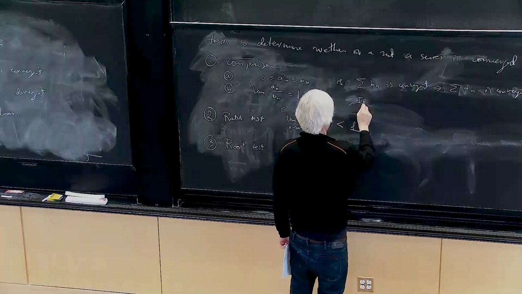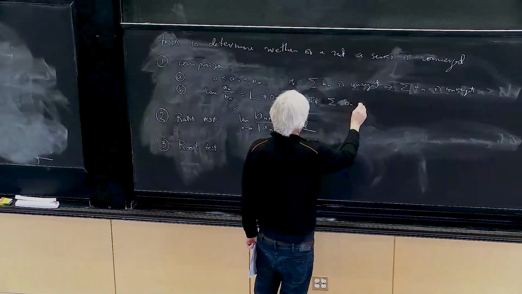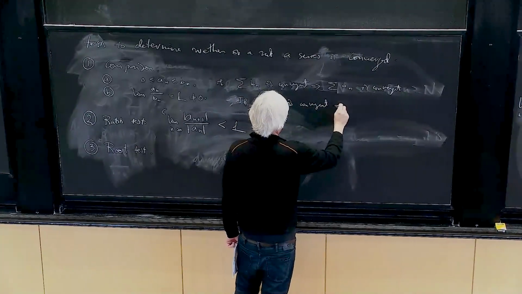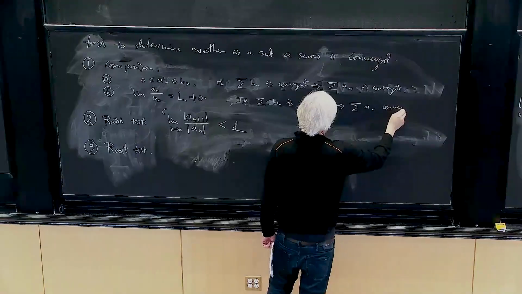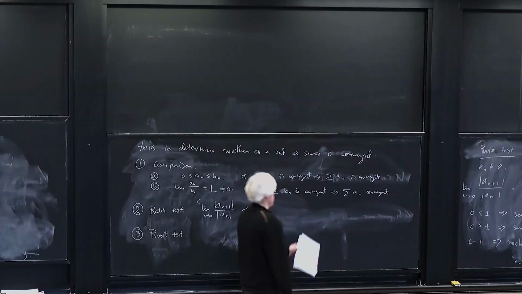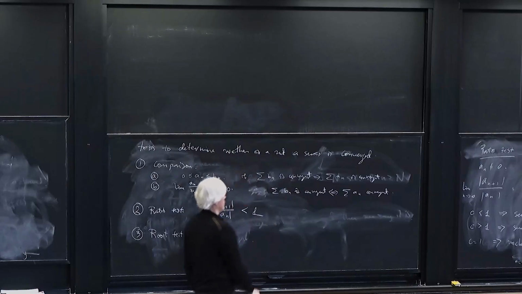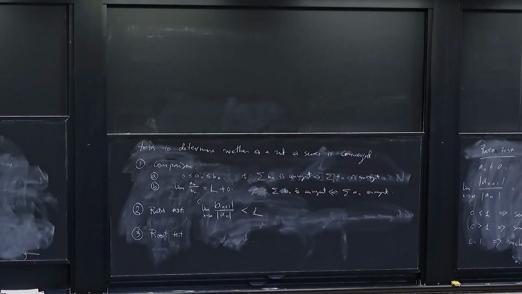So if b_n is convergent, then it implies that a_n is convergent. And vice versa is actually equivalent. So those were the three tests that we really went through.